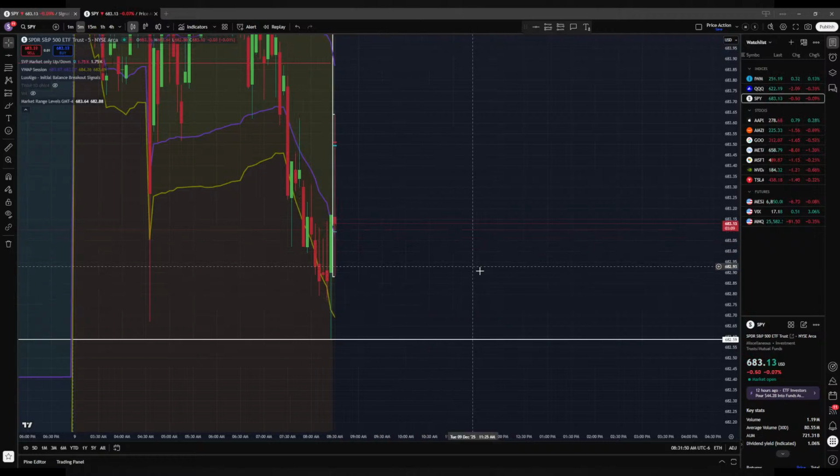This is interesting a little bit. You can see our VAL barely right here, the green line. We were below that for a second, but it's still jumping around.